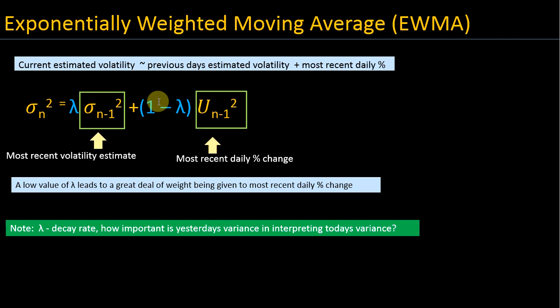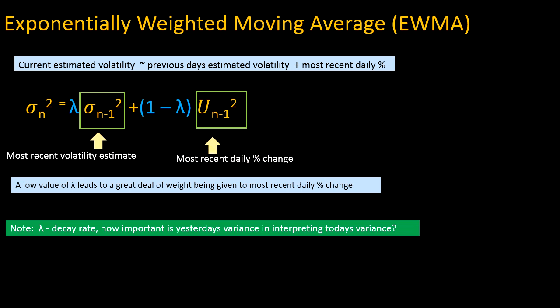So we will discuss the ideal amounts that lambda can take. But what you need to understand is that in the exponentially weighted moving average model, we use two inputs. The first input is the most recent volatility estimate, it could have been yesterday's volatility estimate, and the second is the most recent daily price changes.